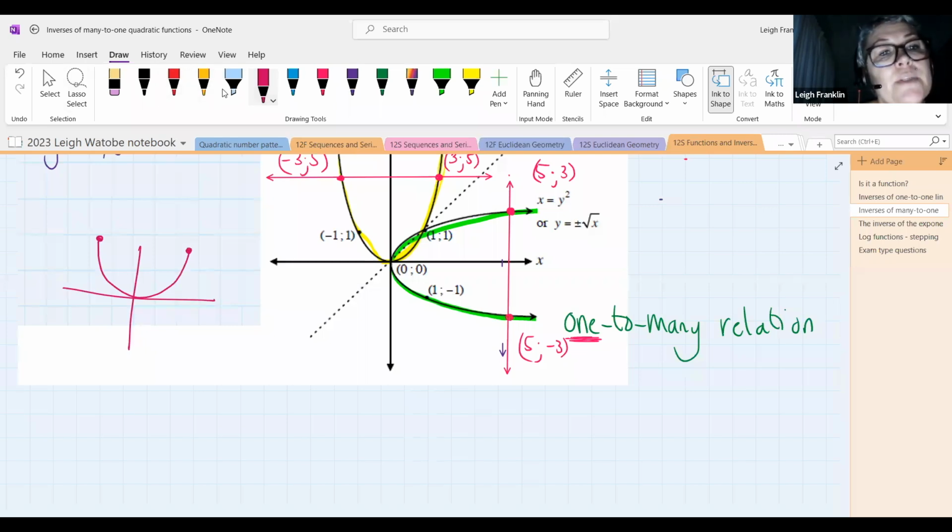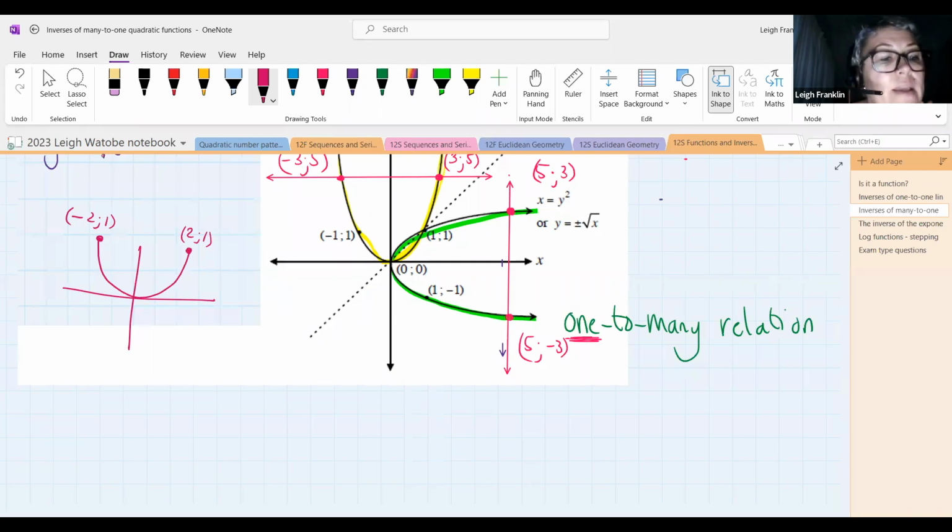Let's pretend that at this point over here, this coordinate is (-2; 1), and over here that coordinate is (2; 1). So I've restricted it in terms of x, but I've also restricted it in terms of y.